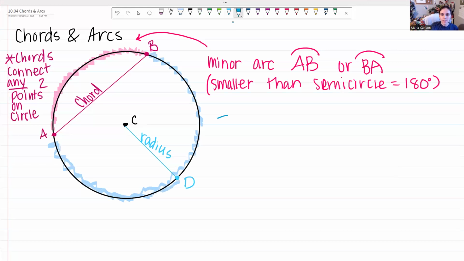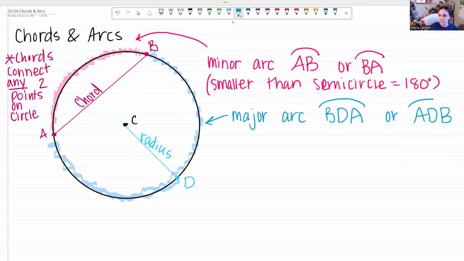So that is major arc B, D, A, following the points around the circle, or A, D, B. And yes, I could call this major arc BA and be talking about greater than a semicircle length.